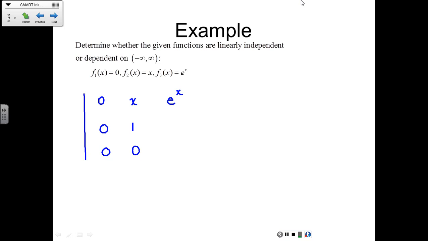What's the derivative of e to the x? And the second derivative also, right? So there's my 3 by 3 determinant. I'm going to recopy. How do you know that? It is going to turn out to be 0.